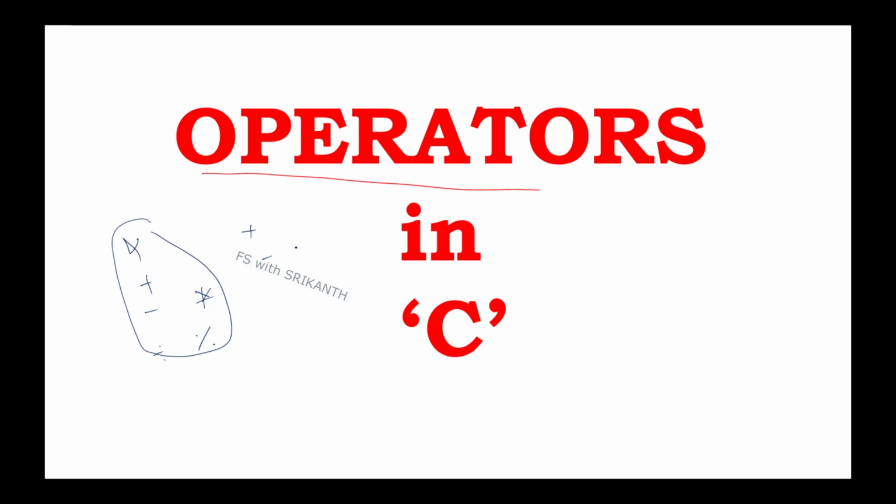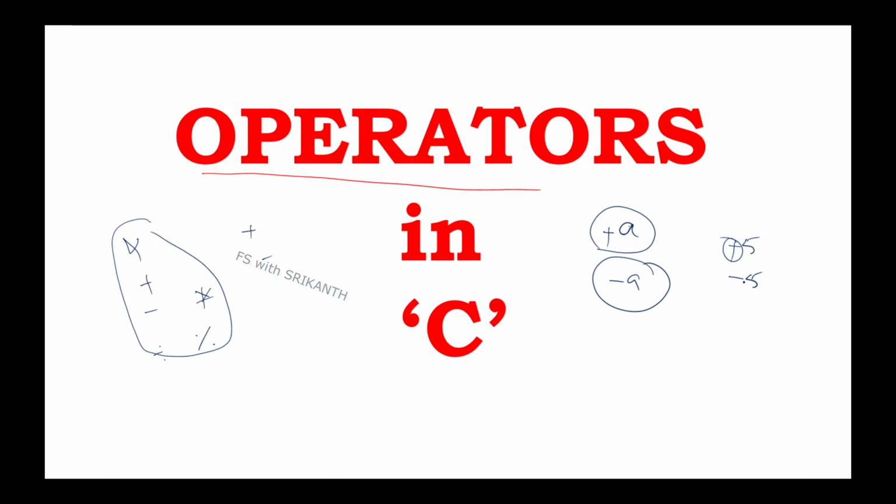So as per C, operators are of two types. We consider two types based on the operands, based on the variables. If one variable, suppose this A, has only one operator, for example minus A, then we call it a unary operator. Just observe 5 and minus 5. There is no symbol in 5, but indirectly there is a plus.